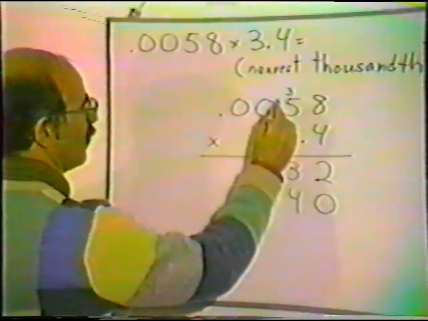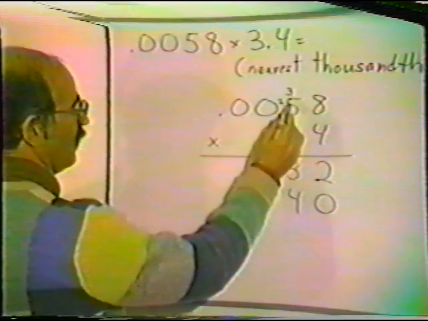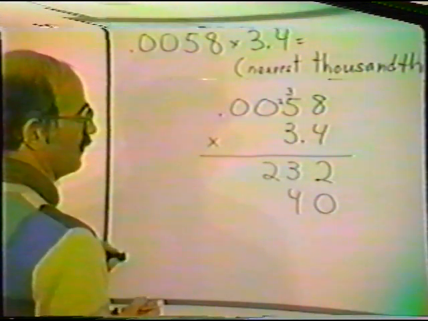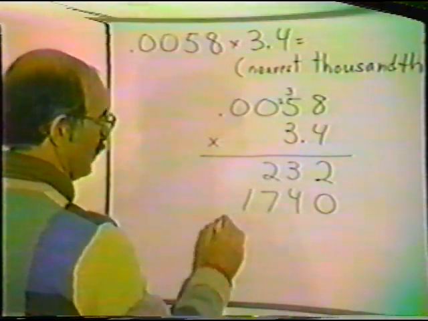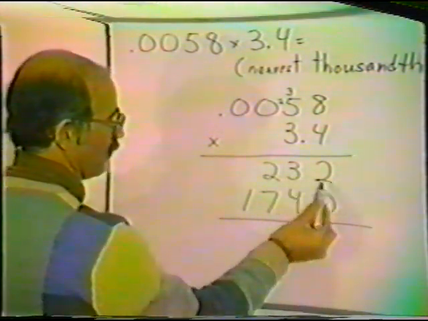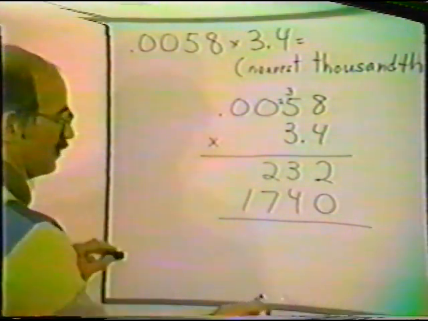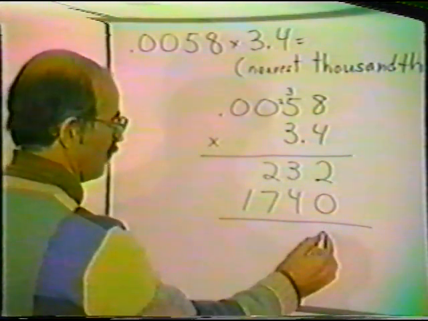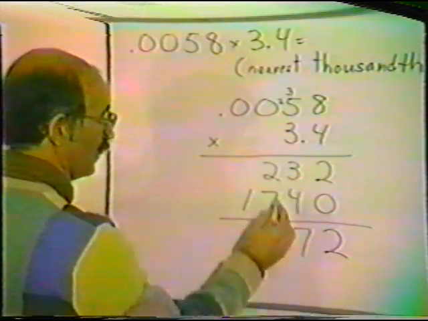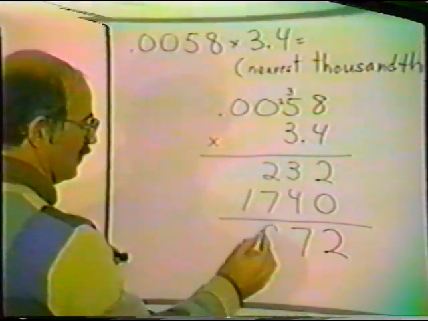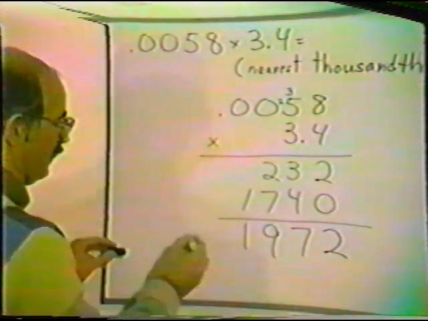Put down the 4, carry the 2. 5 times 3, 15, plus 2, 17. Remember, no decimal points in these two rows. 2 plus 0, 2. 3 plus 4, 7. 2 plus 7, 9. And the 1.